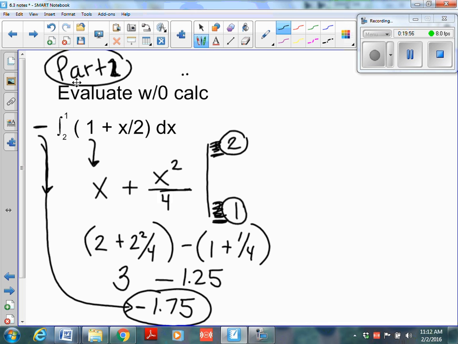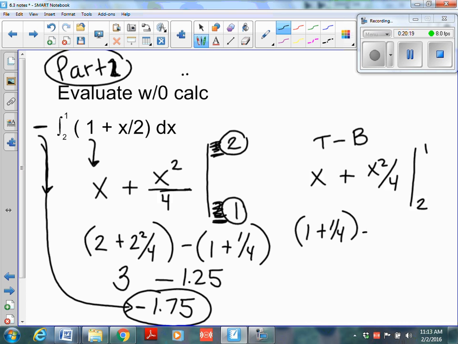Okay, I'm just going to show you x plus x squared over 4, and I kept it 2 to 1. I'm just going to show you that if you don't want to flip it, you don't have to flip it. It's always top minus bottom, correct? Remember I showed you? So the top number is 1, and the bottom number is 2.